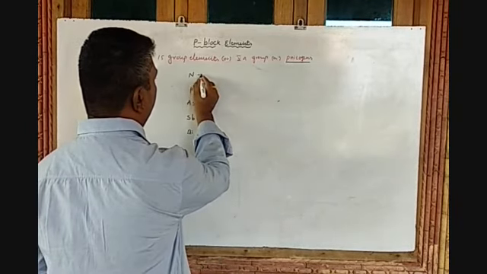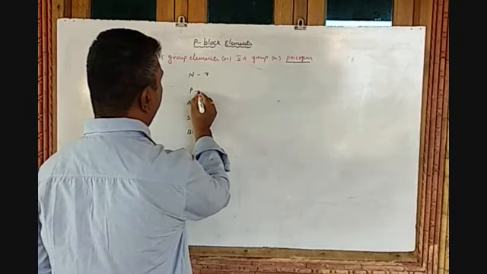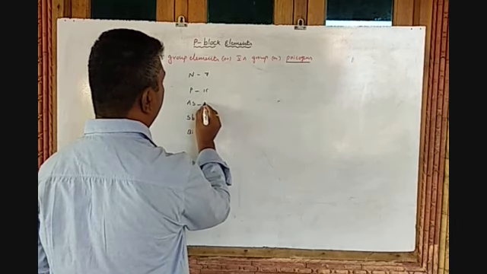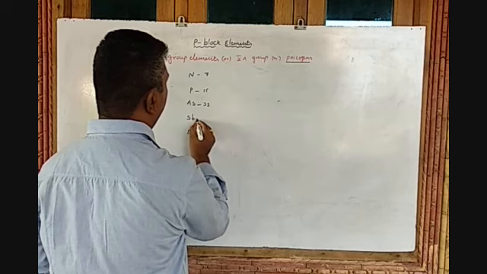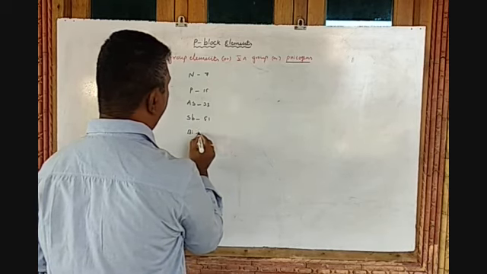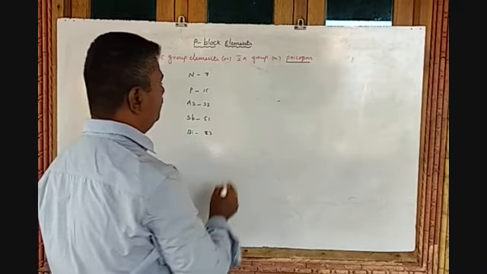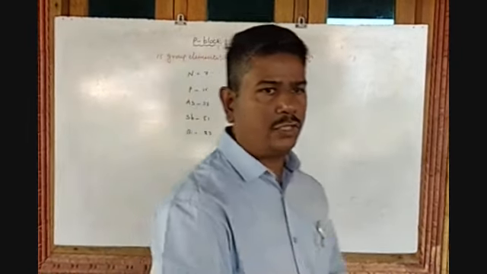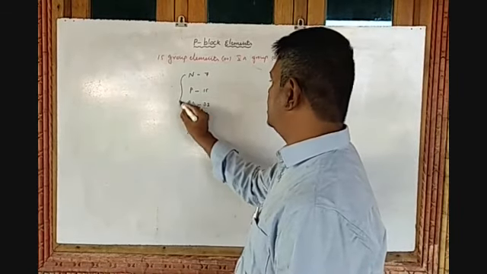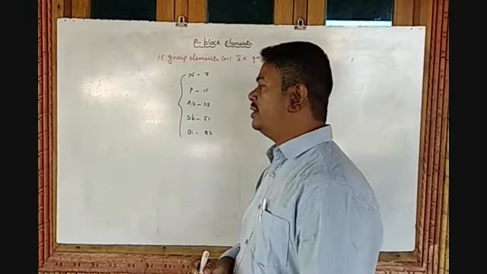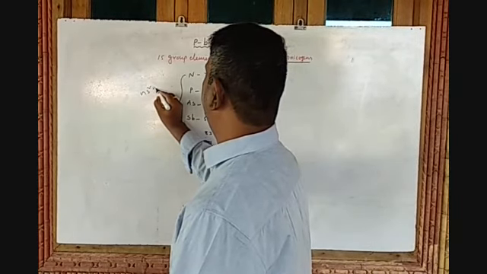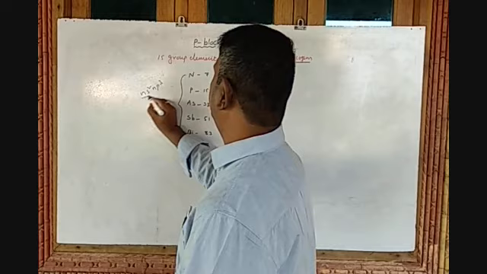Nitrogen atomic number 7, phosphorus atomic number 15, arsenic 33, antimony 51, bismuth 83. So once you observe all these group elements, the general electronic configuration is ns2 np3.